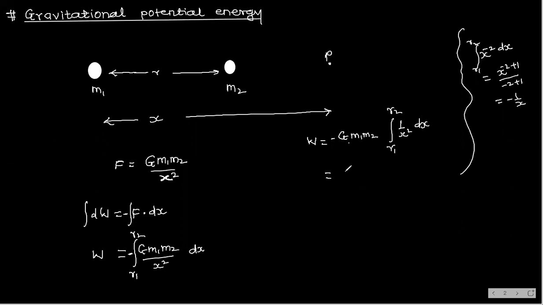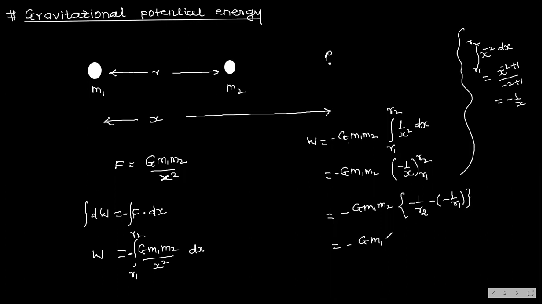So this is G m1 m2, with this minus, and minus 1 by x from r1 to r2. Put upper limit, subtract lower limit. So minus G m1 m2 into minus 1 by r2 minus of minus 1 by r1.